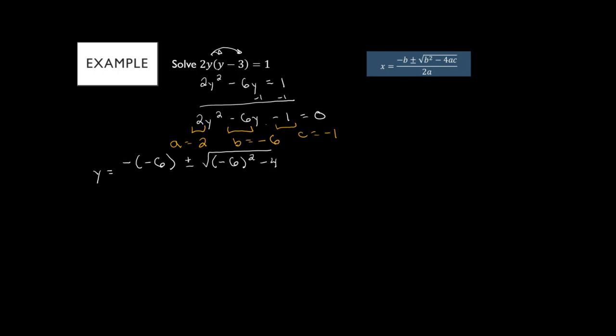And we've got our minus 4 times a, which is 2, and then c, which is negative 1. And then in the denominator is 2 times a, so that's 2 times 2. When b is negative, you want to be very, very careful to make sure you have the correct number of negative signs, because if you mess up your signs, it messes up the whole thing.